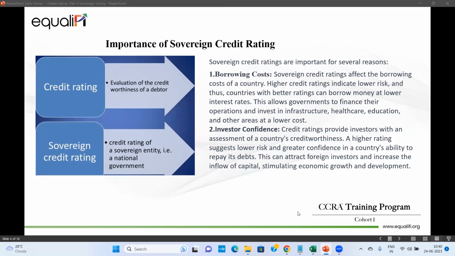Similarly, a country will invest in a country which has got a good sovereign credit rating. Correct me if I'm wrong.